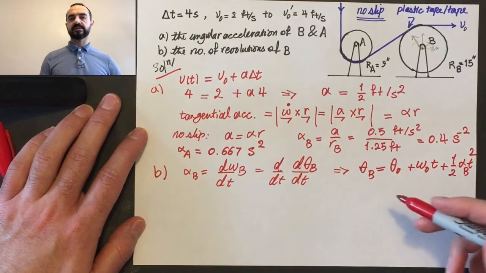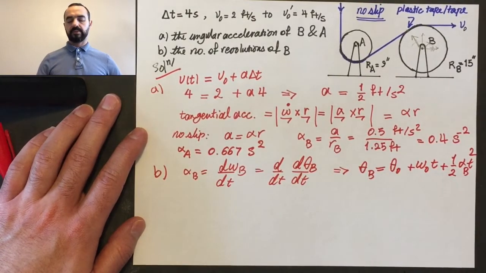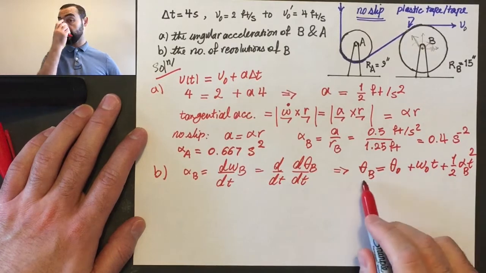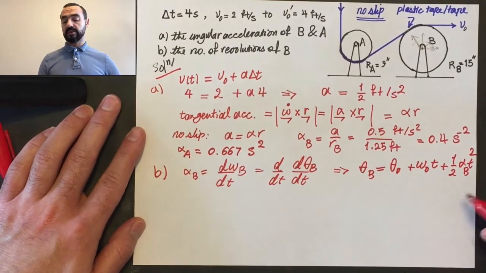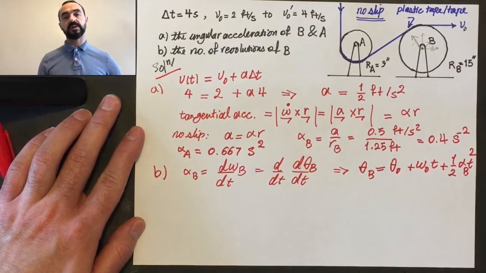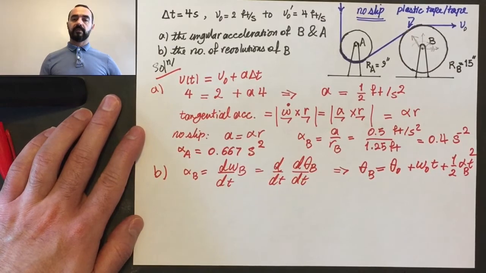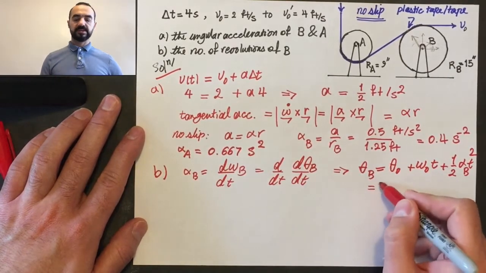All right, so you can already see that this resembles the projectile motion that you have seen in high school. So what we are looking for is theta B, essentially. We're going to assume that we start the motion from 0 angular displacement. In other words, theta 0 is equal to 0.